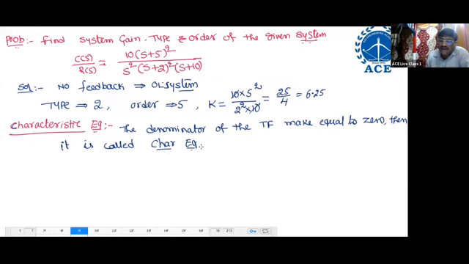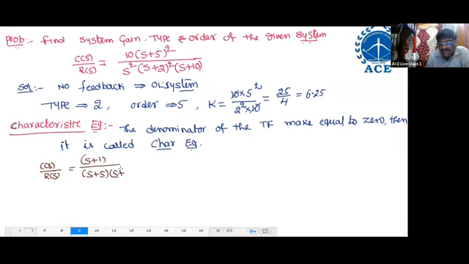Why is the denominator called the characteristic equation? Why not the numerator? Can the numerator be considered as the characteristic equation? No. The denominator decides the characteristics of the system behavior. For clarification, I'll take one simple example: C of S by R of S equals S plus 1 by S plus 5 and S plus 10.